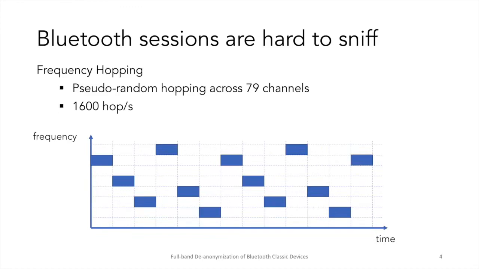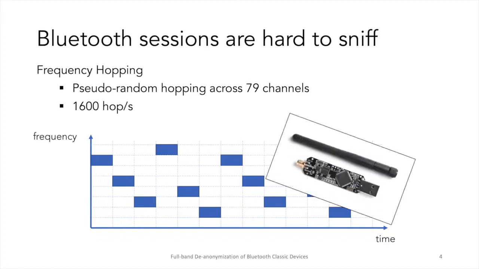The pseudo-random hopping sequence, which is exchanged at the beginning of a Bluetooth session, is supposed to be known only by the master and the slave of that session. Things are made even more difficult by the fact that devices might transmit on one channel for less than 625 microseconds.